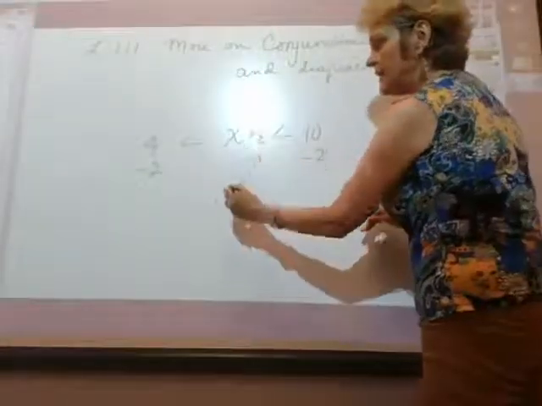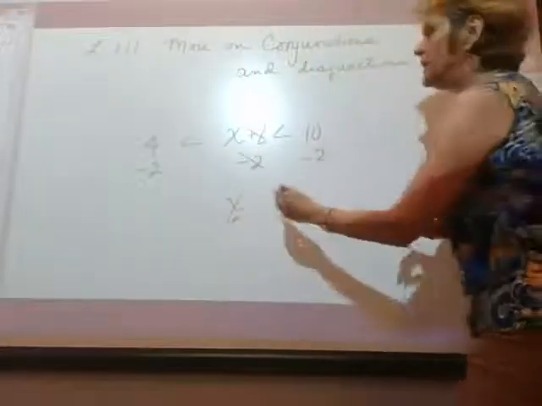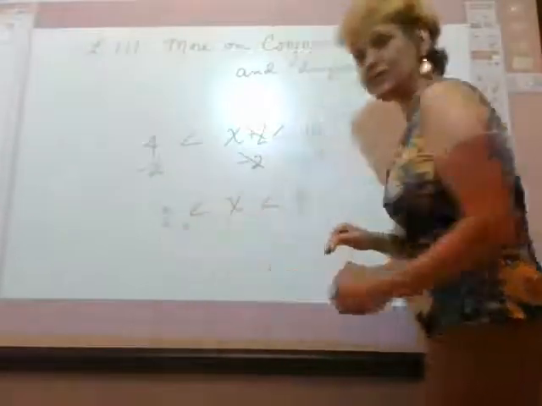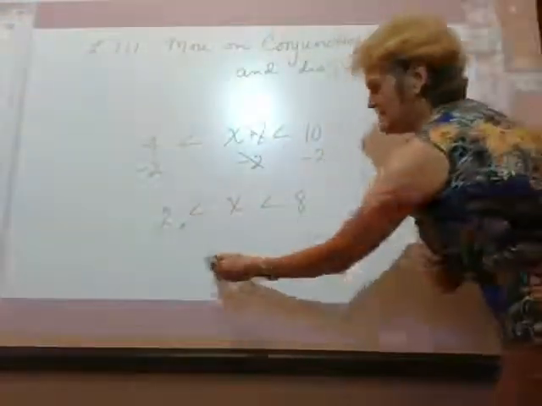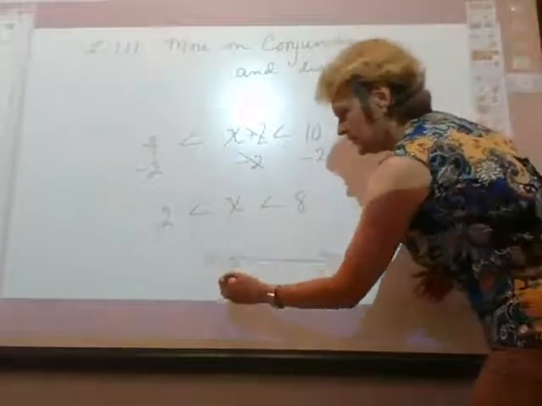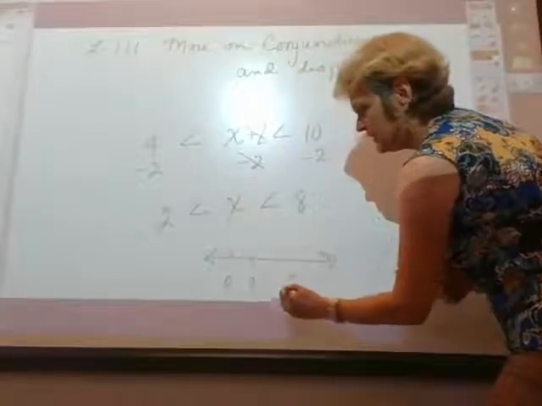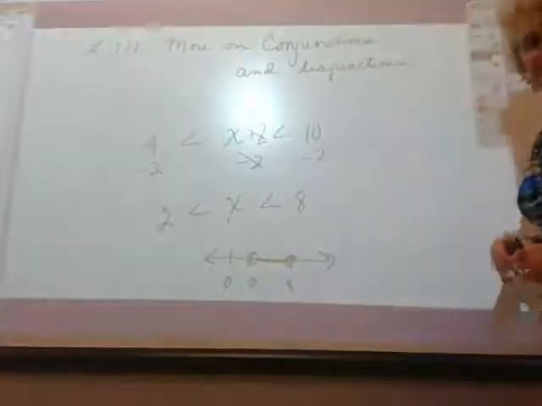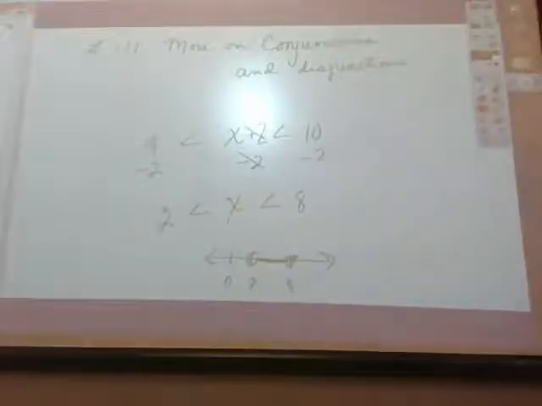So we will have x all by itself, but it will be less than 8 and greater than 2, all right? And so again, we would put 0 and 2 and 8, open circles, and shade in between. All right, so pretty simple.